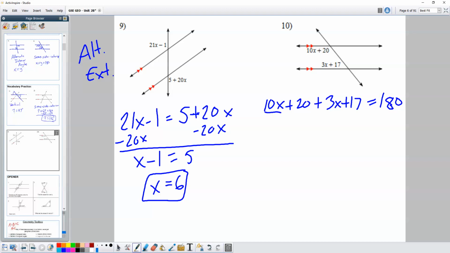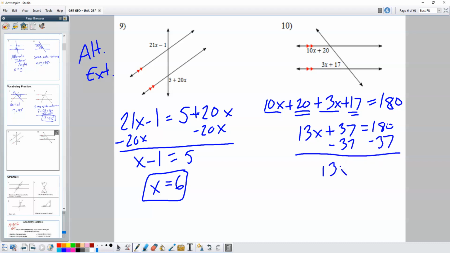So I got 10x plus 3x. That's 13x plus 37 equals 180. Going to subtract the 37 over. 13x equals, what is that, 143? Divide by 13, x equals 11, I believe. Okay.